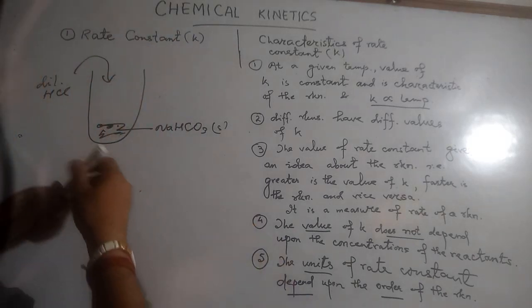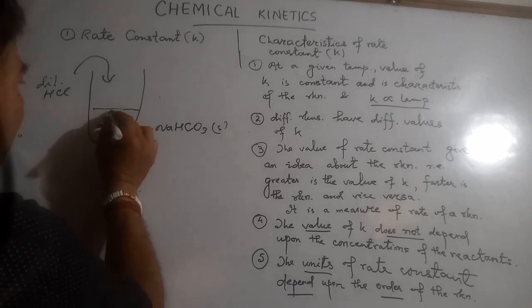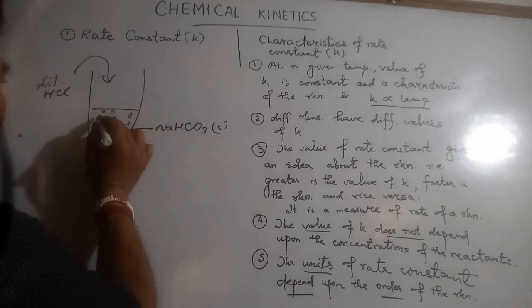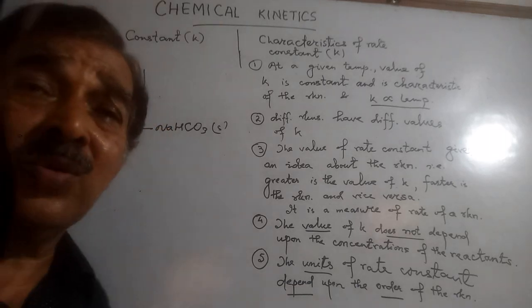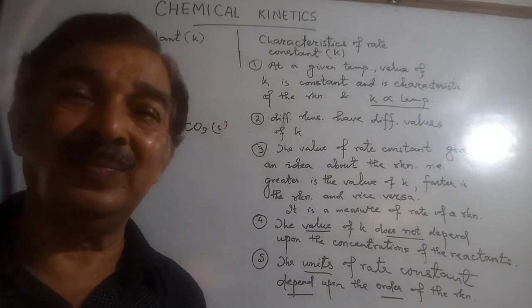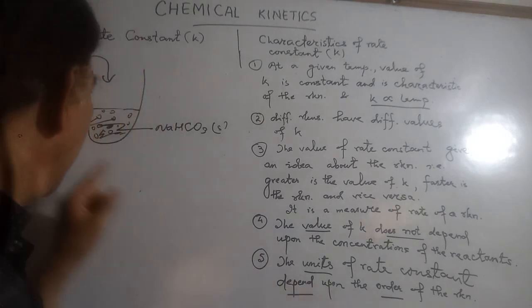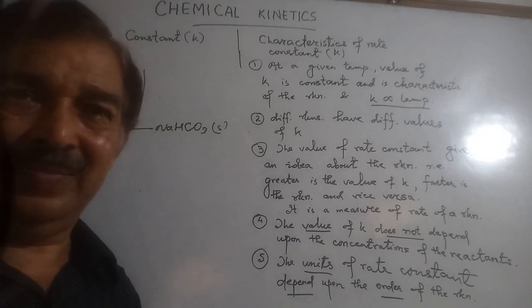So in the beginning, what happens? The rate of formation of bubbles of CO2 is fast. And with the passage of time, the evolution of CO2 gas decreases.